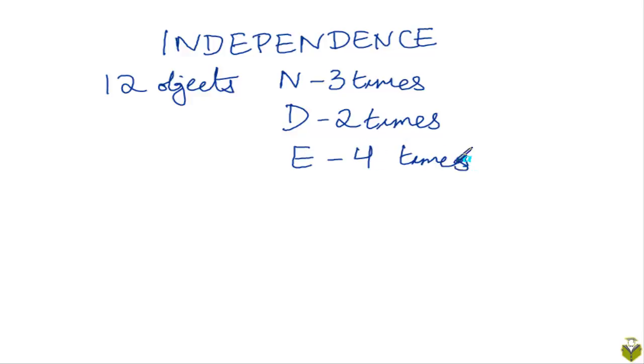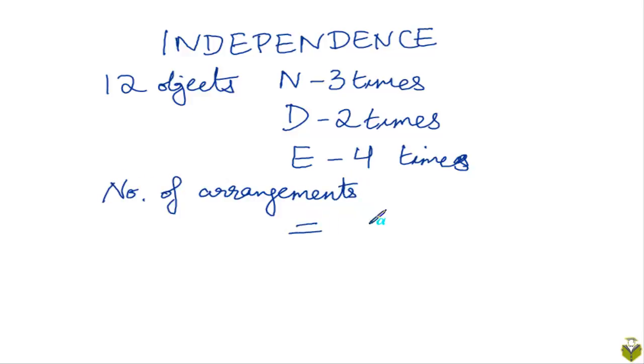Now you should see the pattern of what the arrangements or permutations are. So the number of arrangements will be equal to 12 factorial divided by, you have 3 different alphabets which are repeating, so you will have 3 factorial, 2 factorial and 4 factorial, right?